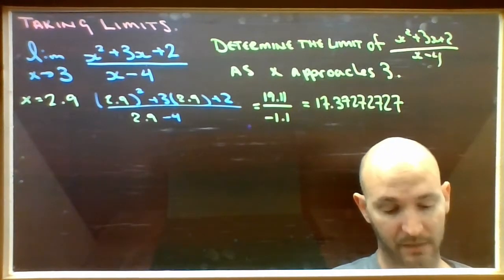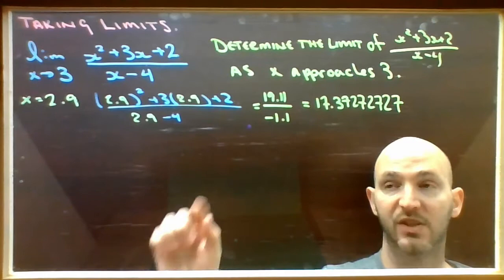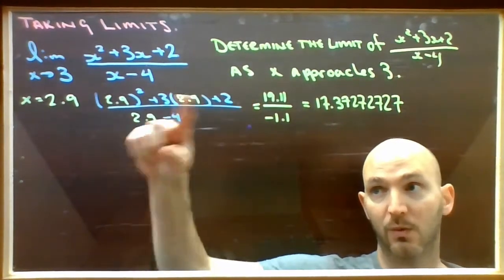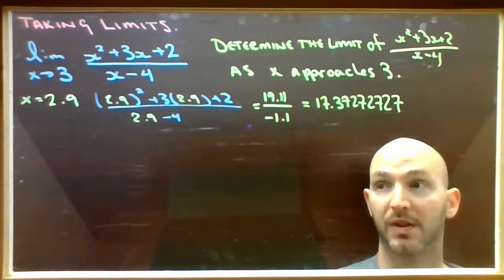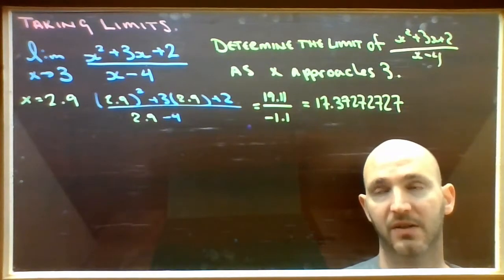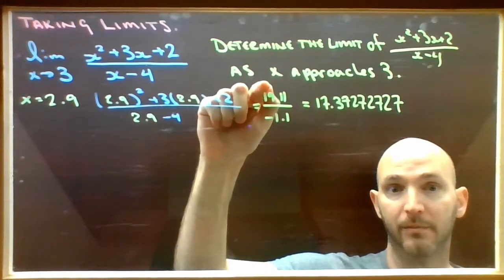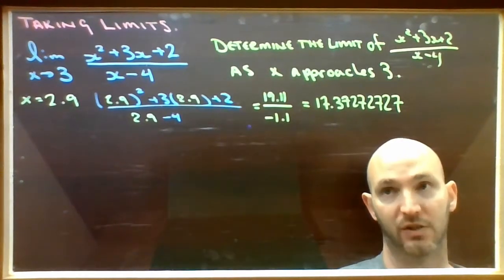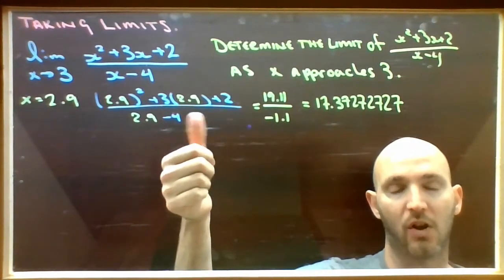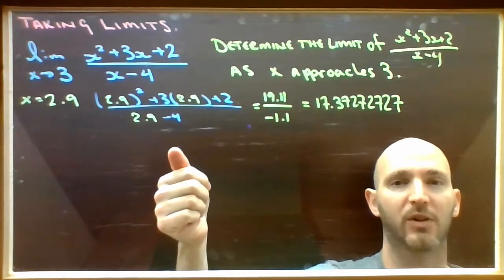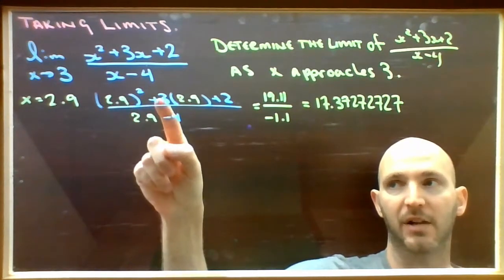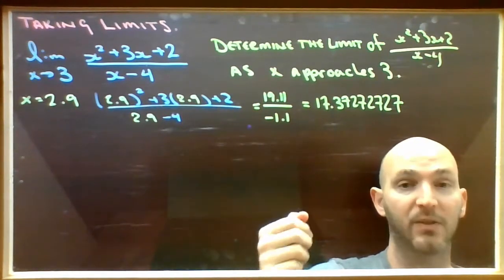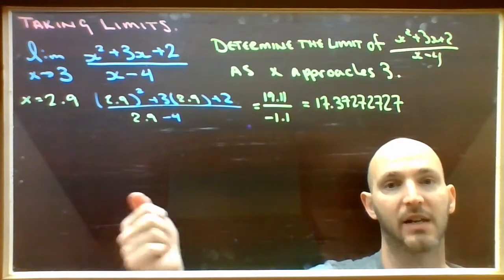Now, just a housekeeping note, I would strongly suggest that you do this. When you have a complicated expression with a great big division sign through the center, work out the numerator, work out the denominator, and then do the division. If you try to enter this all in one go, the frequent calculator error is this: you type this squared plus 3 times this plus 2, and then you type divided by 2.9 minus 4.